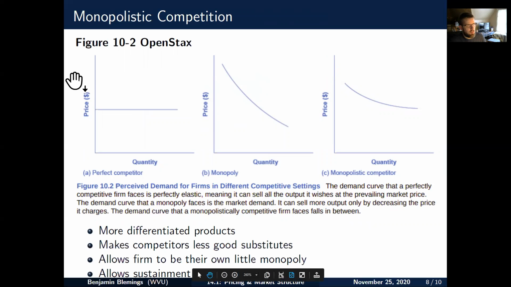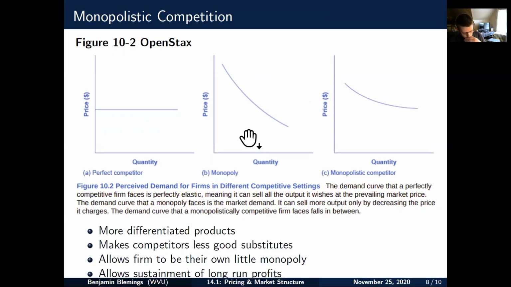And these are the different demand curves by market structure. You can see we have this perfectly elastic demand curve when there's perfect competition, and this downward sloping demand curve when there's monopoly, and there's this downward but not as steep sloping demand curve for monopolistic competitors.